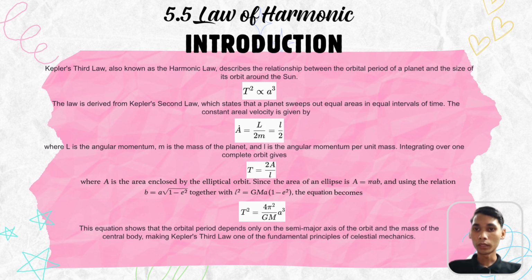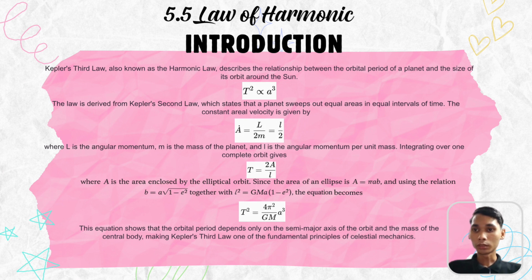Since the area of an ellipse is A equals pi a b, and using the relation b equals a times the square root of 1 minus e squared, together with l squared equals G M a times 1 minus e squared, the equation becomes T squared equals 4 pi squared over G M times a cubed.